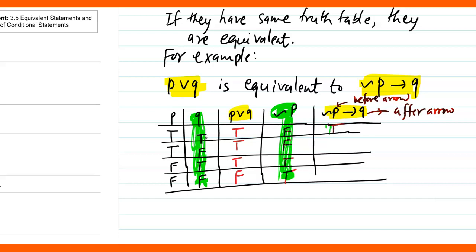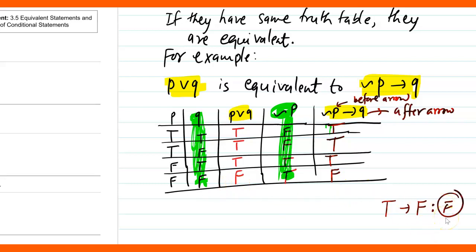False right arrow false is also true. True right arrow true is true. True right arrow false is false. Only that time is the conditional going to be false.